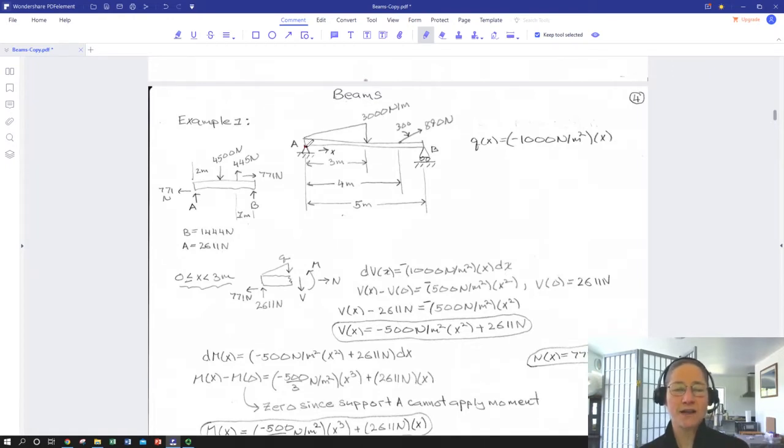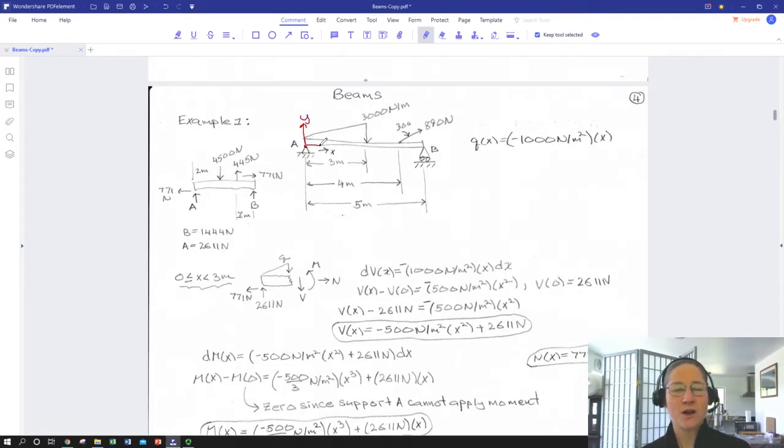So over here at support A, we have a pin support. So the pin at A can't impart a moment, but it can impart a force, either vertically, which I think we're going to call the Y direction, or horizontally. It'll do both.